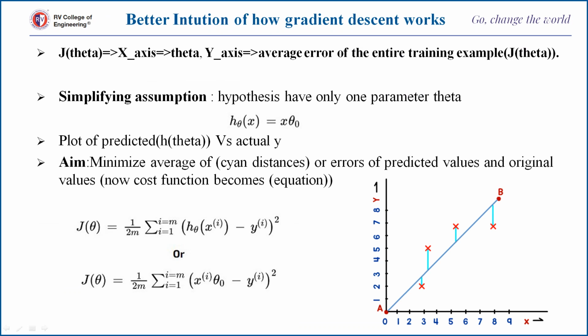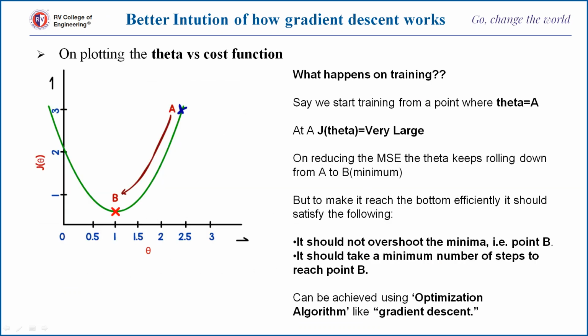Now the cost function j of theta becomes the predicted house price value minus the actual house price value, squared, divided by 2m. So we plot theta on the x-axis versus the cost function j of theta.